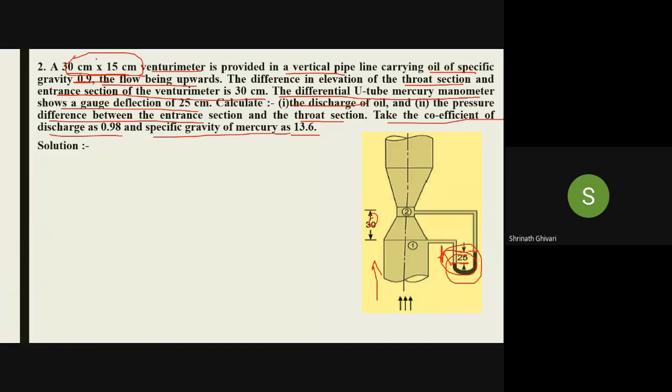Can anyone tell me what it suggests? D1 is 30 centimeter and D2 is 15 centimeter. Which diameter is D1? It is the diameter of the pipe.